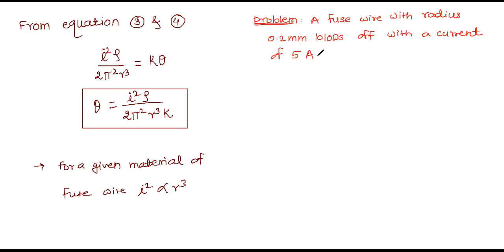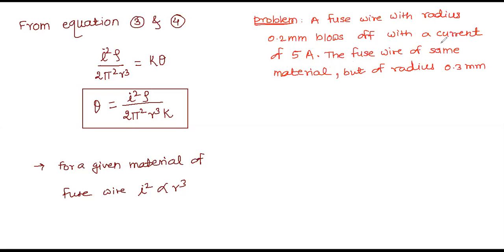The fuse wire of the same material but of radius 0.3 mm will blow off with a current of what? This is the question. So let's solve.